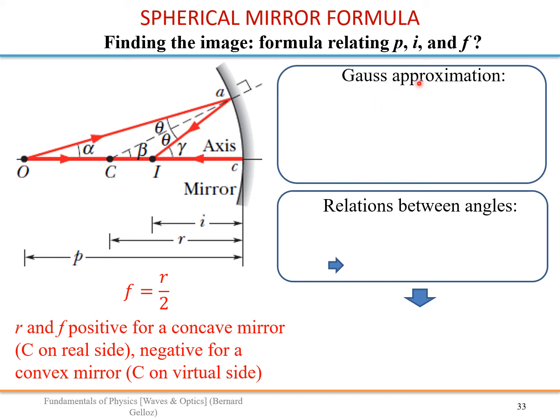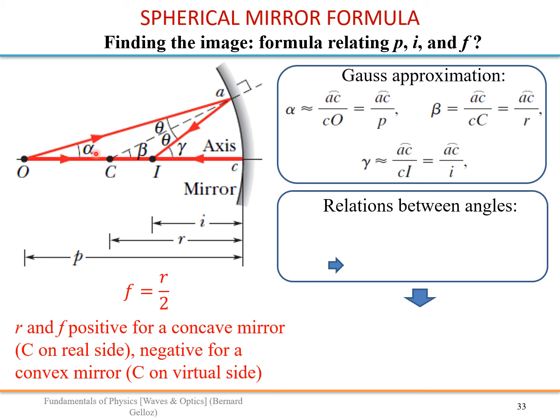Alright, so let's write some equations. We use the Gauss approximation, remember, small angles. Actually, we could start with beta. So beta is equal to AC divided by CC. This is not an approximation, it is exact.